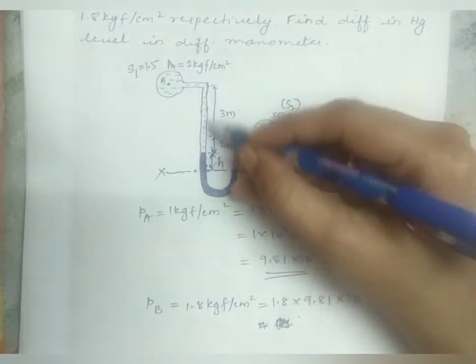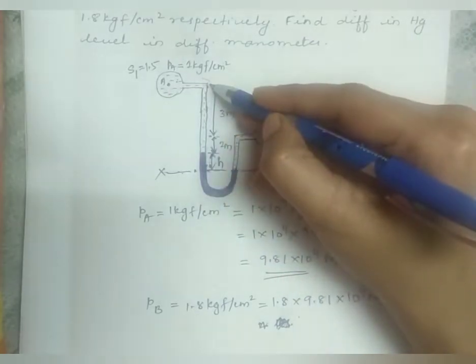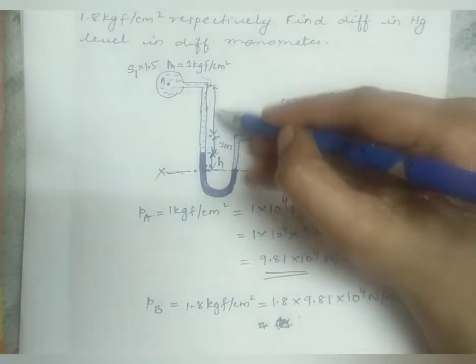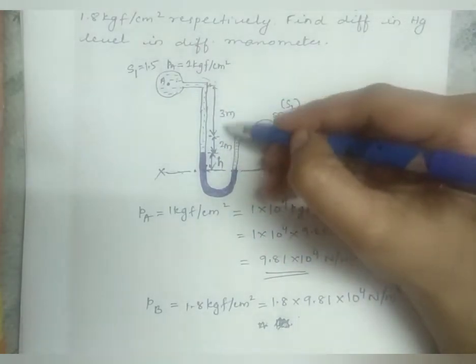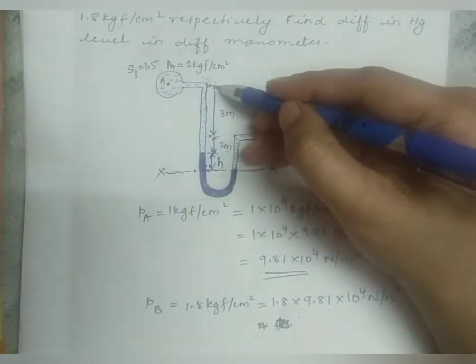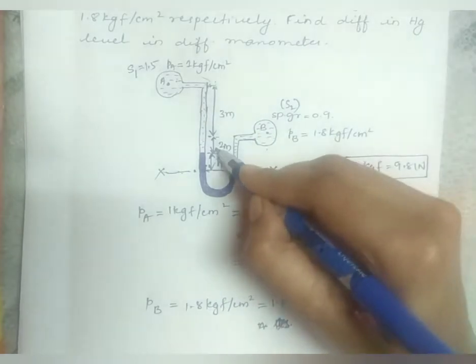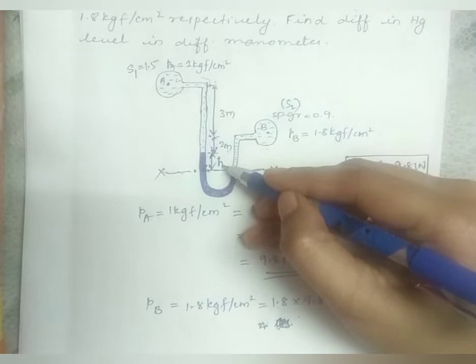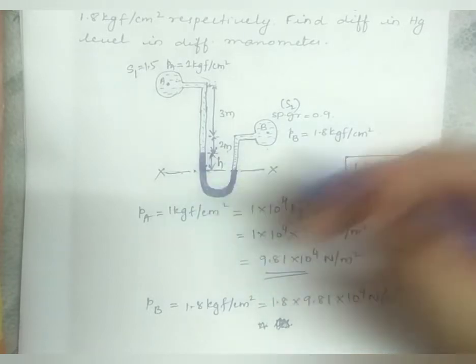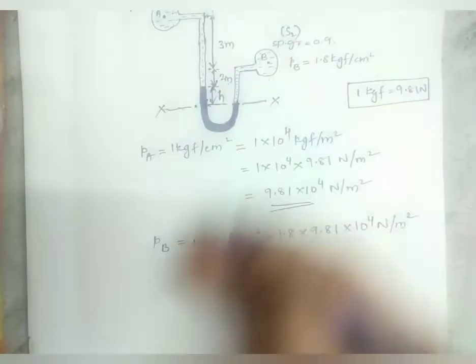So that is PA plus the pressure due to this particular column, the 5 meter liquid column, plus the pressure due to the H meter mercury column.